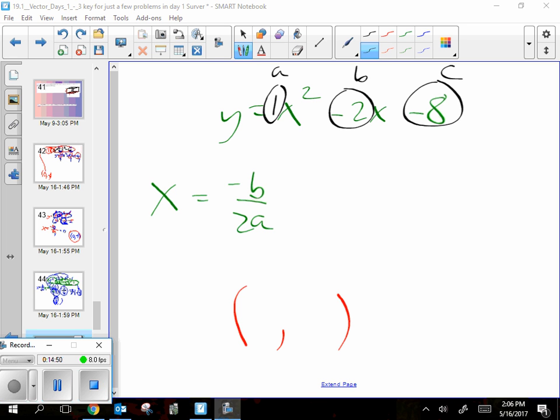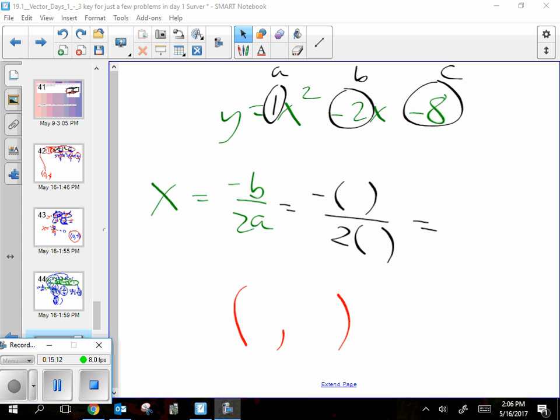So negative b is the negative of b. I like to do these skeleton things. You remember that? You put parentheses in where the variables are, and you stick the numbers in the right spots. And you simplify it down, and it's going to work out nice. I'm going to pause. Give this a try.